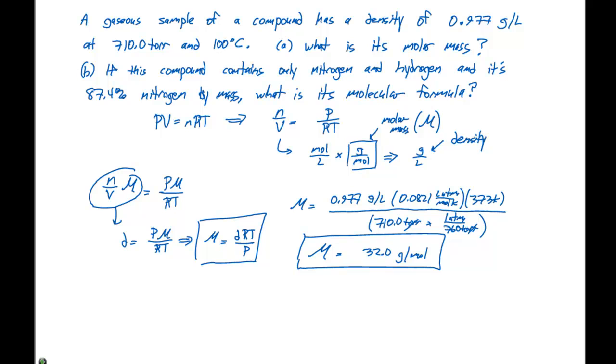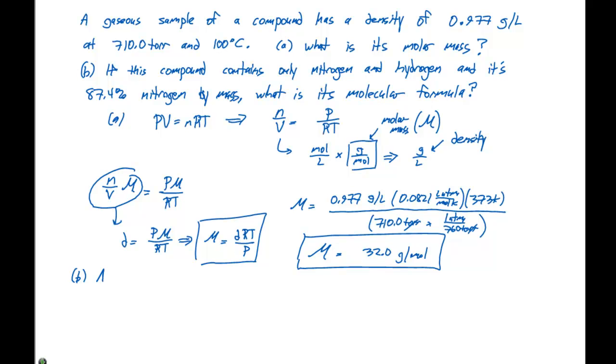After we calculate the molar mass, we can move on to part B, which says if this compound contains only nitrogen and hydrogen and it's 87.4% nitrogen by mass, what is our molecular formula? First we need to figure out the empirical formula, then find our factor, and determine what our molecular formula is.